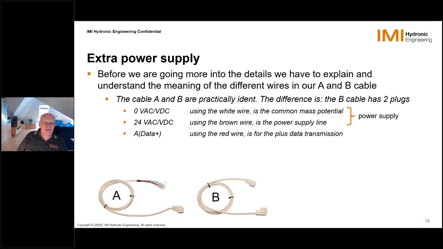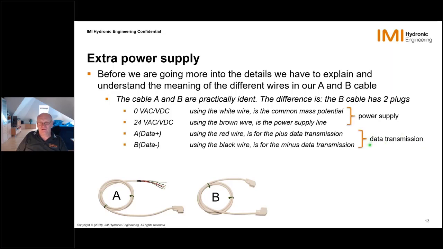Then we have the A and the B data. So there's the red and the black wire of the A cable, and that is used for data transmission. But be careful, this is not a standard. This is chosen by us to have this kind of colors. And then there is an important point, that is the shielding line.